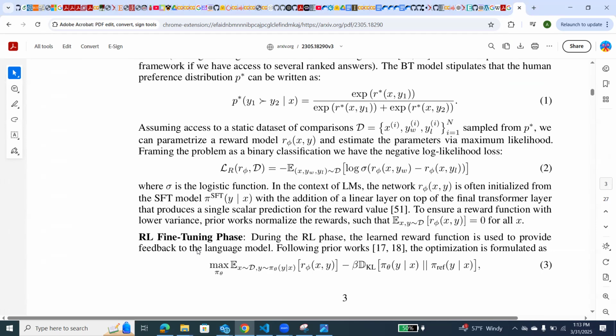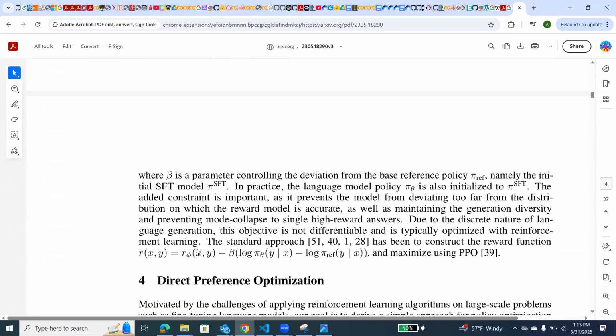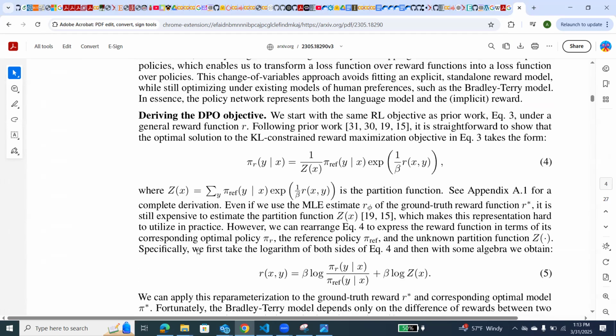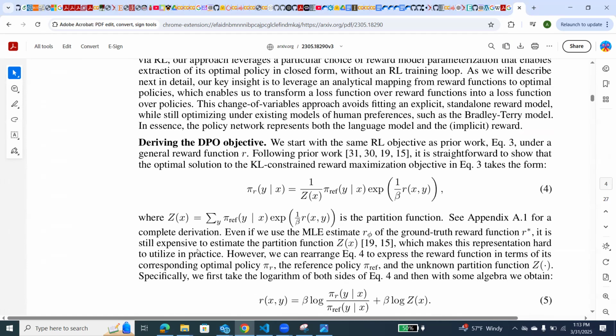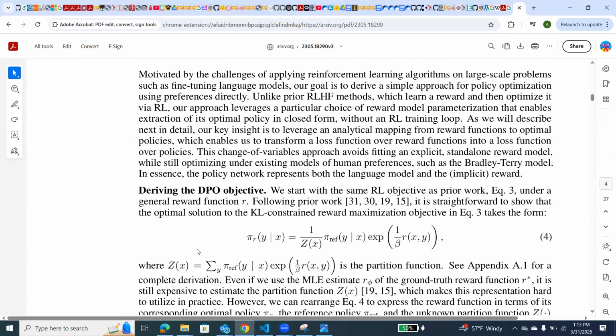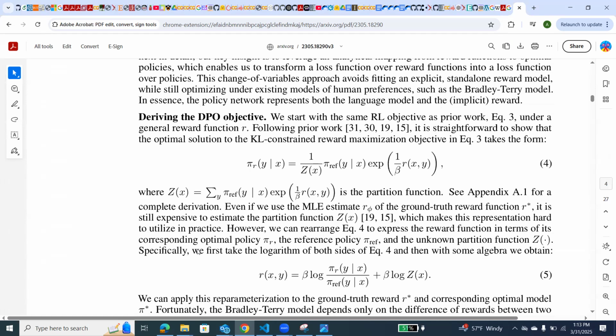And let's see. Yes, it will look as follows. The probability from the large language model times this term, which depends on the higher or lower ranking, will make our large language model policy also output probability higher or lower.